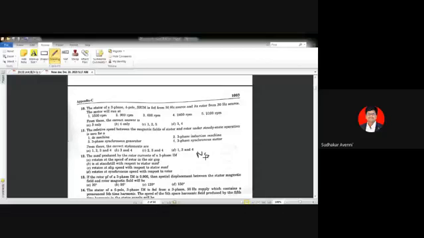NS is equal to 120 F by P. From that, here the stator is having 4 poles, so we are going to obtain synchronous speed equal to 1500 RPM. Here the formula is 120 F by P.